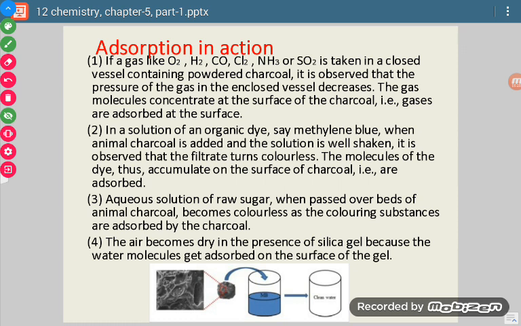Okay, now once we have taken these gases in a container and determined their pressure, the second time we added a little bit of charcoal and took the same amount of the gas in the same container, then we will get a lesser pressure. So why did it happen?